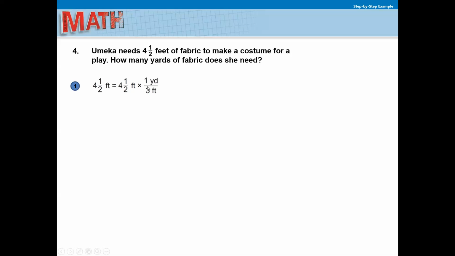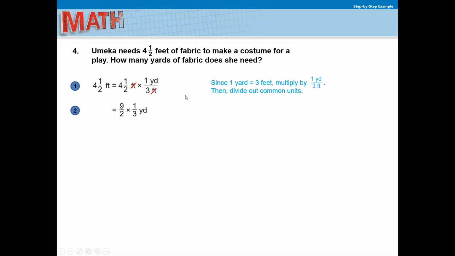4.5 feet times 1 yard per 3 feet. Notice how they put the 1 on top. Since 1 yard equals 3 feet, multiply by 1 yard per 3 feet. Then divide out the common units. So the feet over the feet, feet divided by feet equals 1, and they simplify out. 9/2 times 1/3. 2 times 4 is 8, plus 1 is 9. 9/2, 1/3 of a yard.